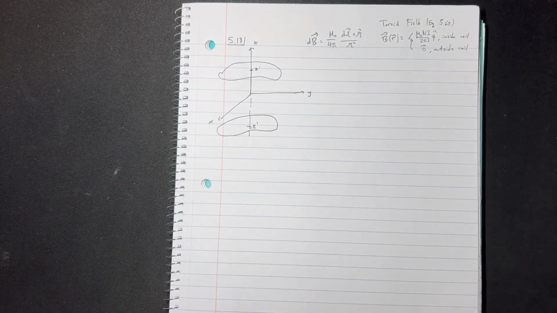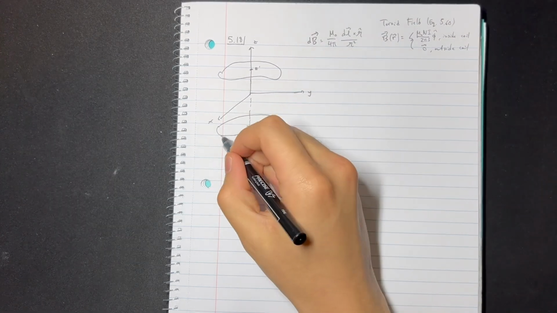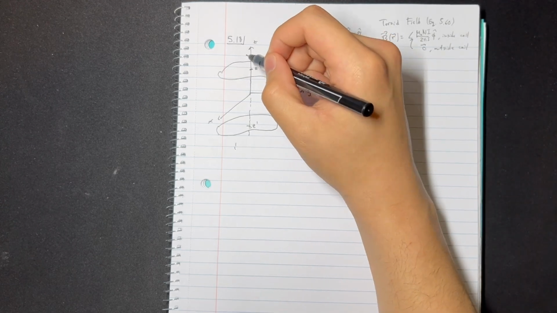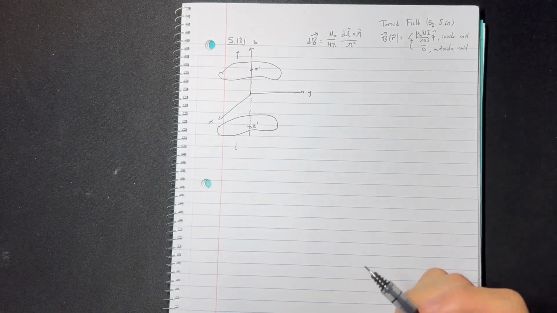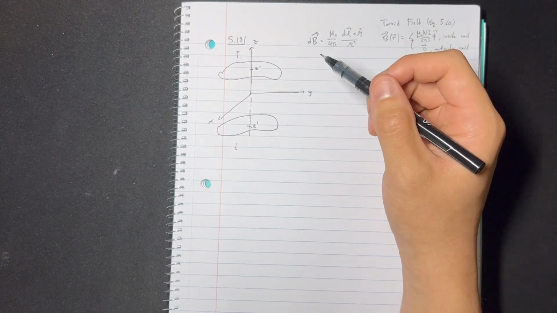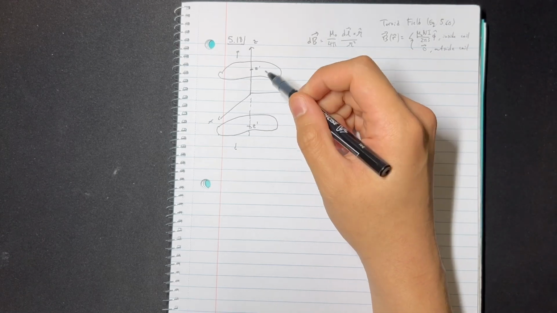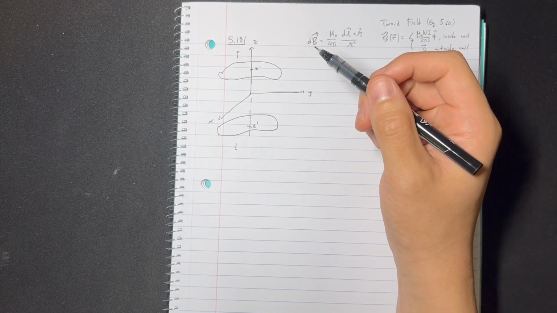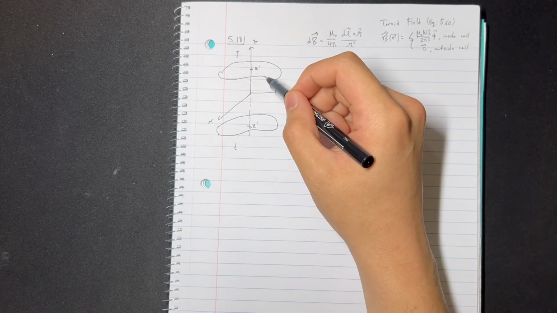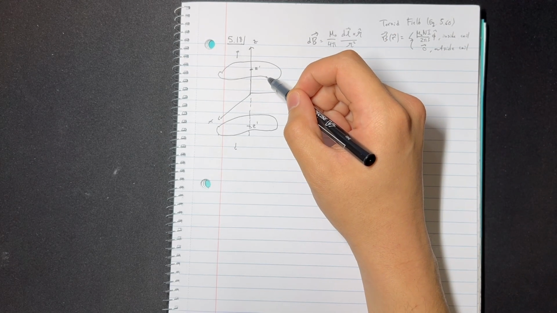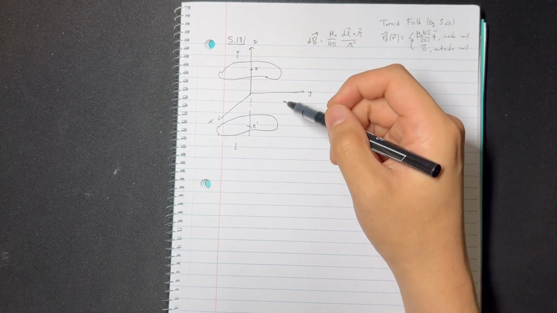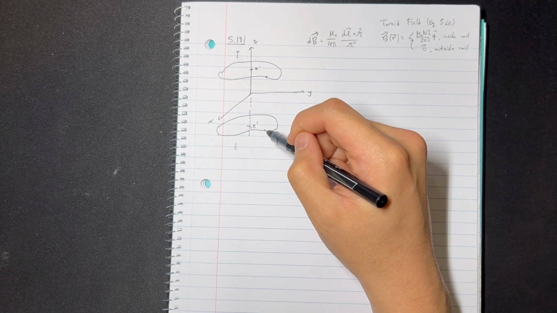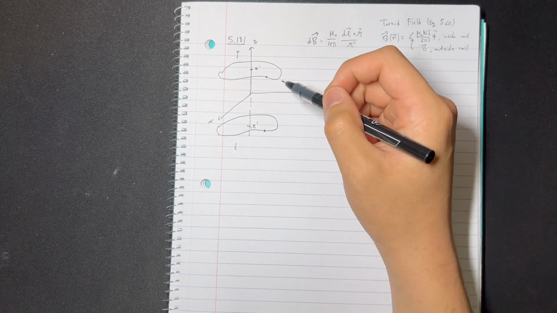Now, since we are considering a solenoid, an infinite solenoid for that matter, this will extend to negative infinity in the z direction, and this one will also extend to positive infinity. Since the shape of the solenoid stays constant, if you consider two slices of the solenoid, each slice will have a point that shares the same x and y components.